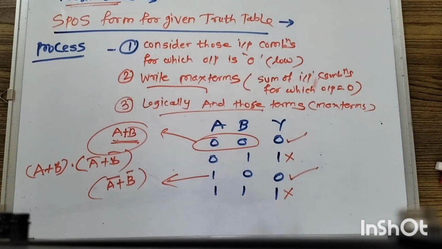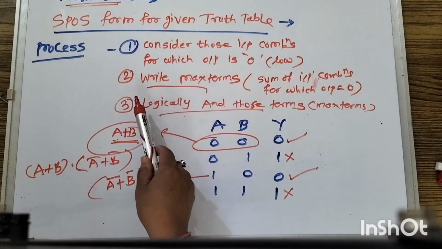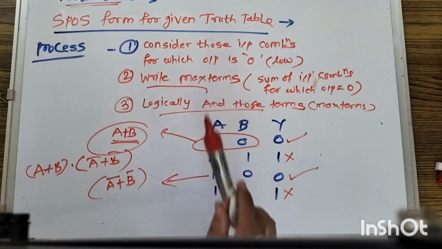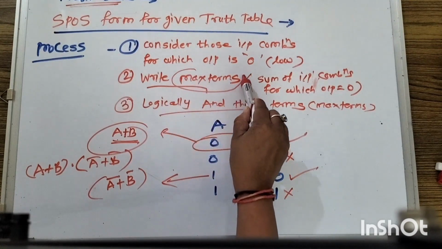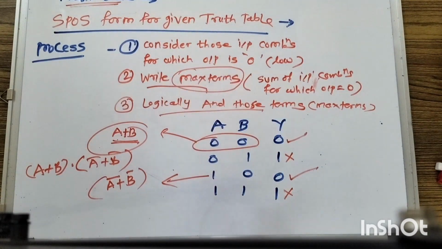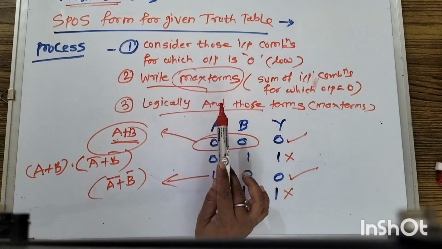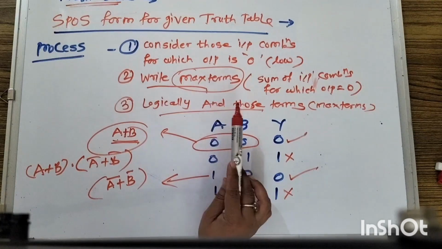The process is like that. Consider those input combinations for which output is low. Second step, write the max term. Now for max term, if you see my last videos, I have already told you that in terms of min terms, we are always considering 0 as low and 1 as high as usual.